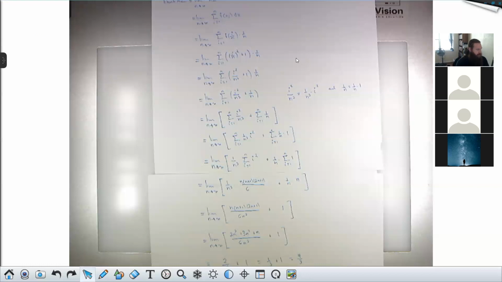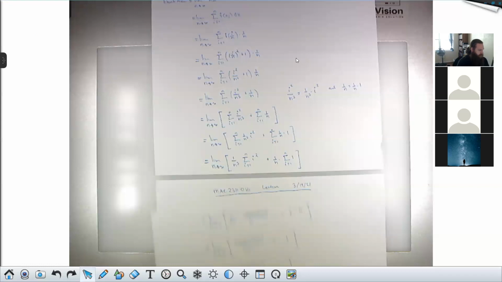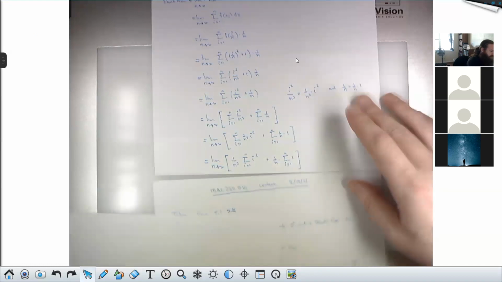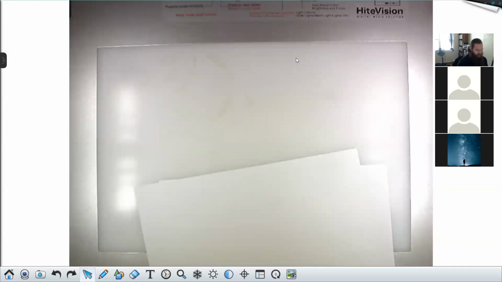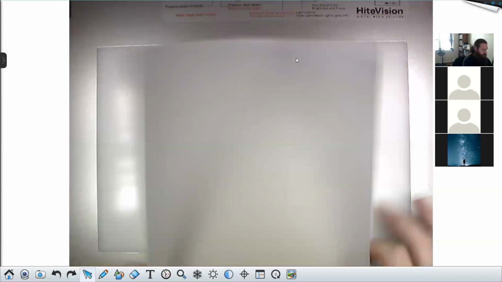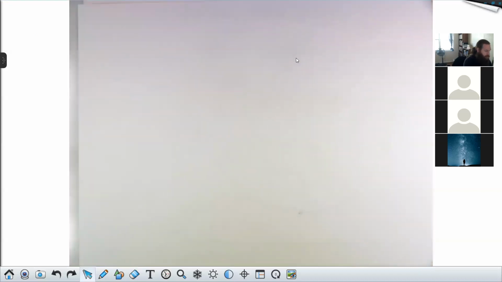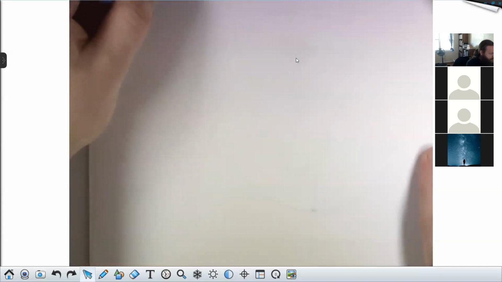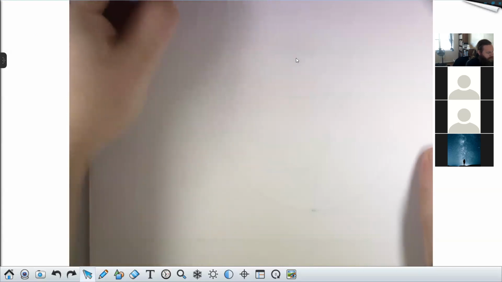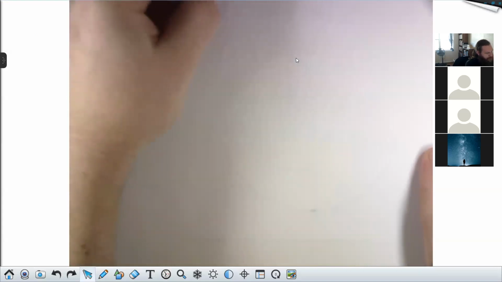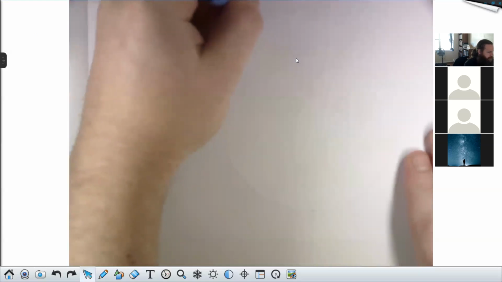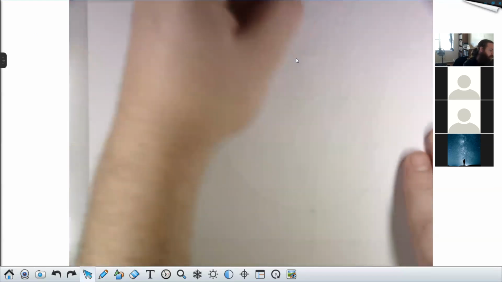Okay, I do want to change tack now just for a second and talk with you about areas and distances. So, some connections to physics. This is on distances and displacement.